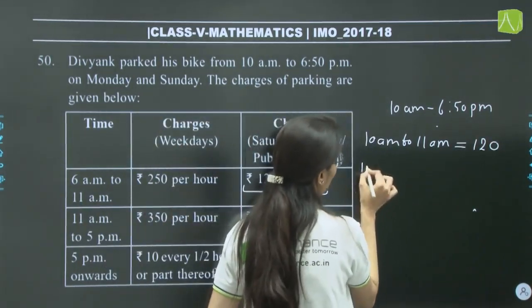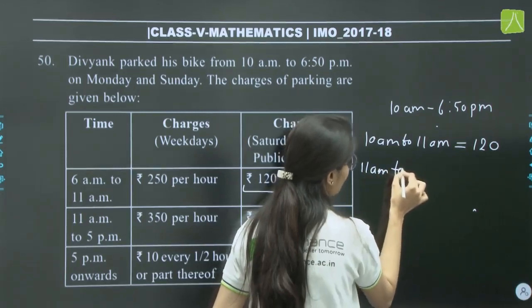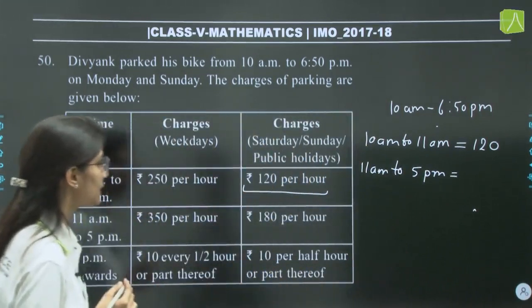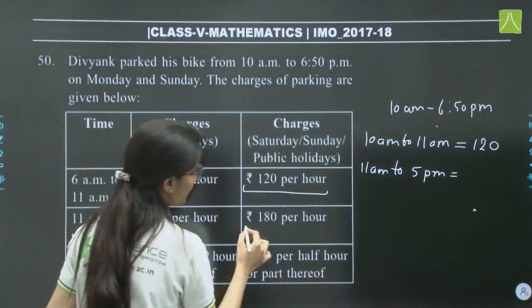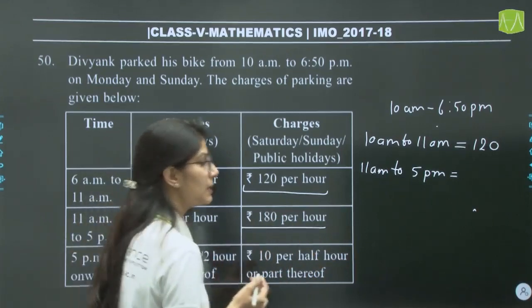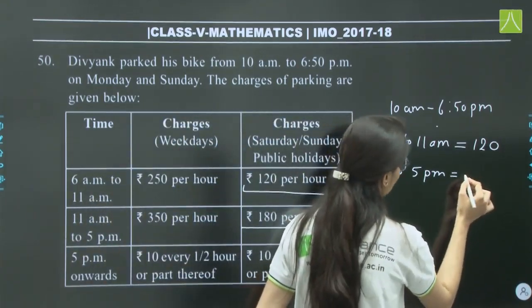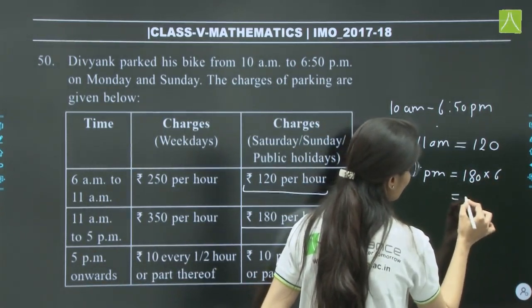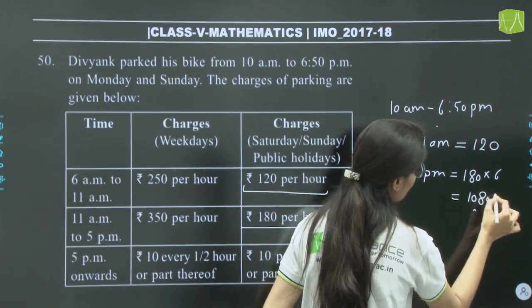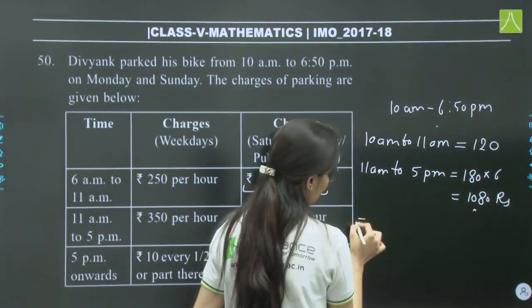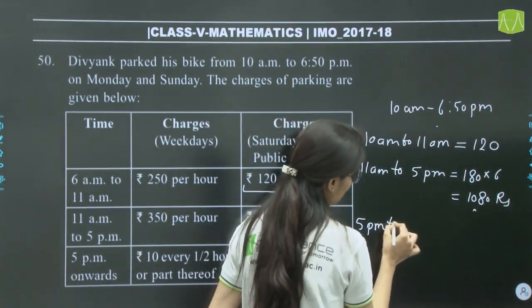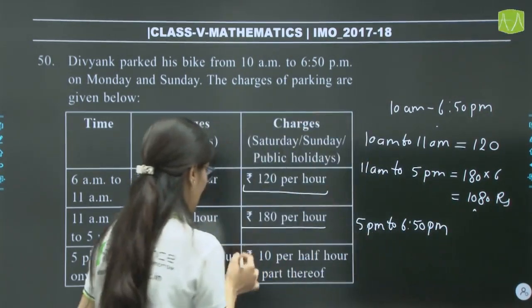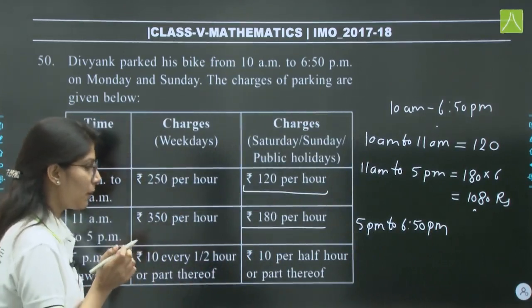Now we solve for 11 AM to 5 PM. There will be 6 hours and the charge is 180 rupees per hour. So 180 multiplied by 6 will be 1080 rupees. And for the last part, 5 PM to 6:50 PM, again the charge is rupees 10 per half hour or part thereof.